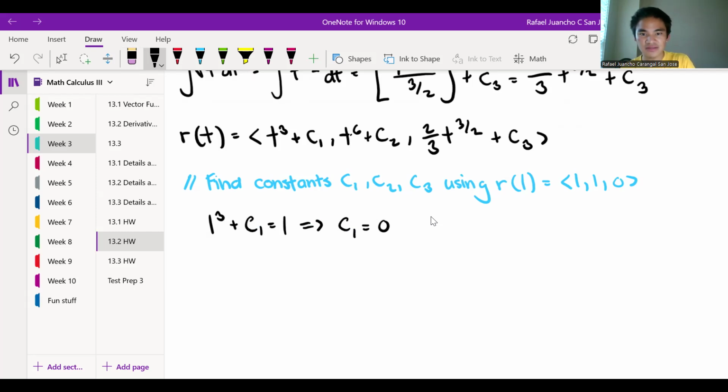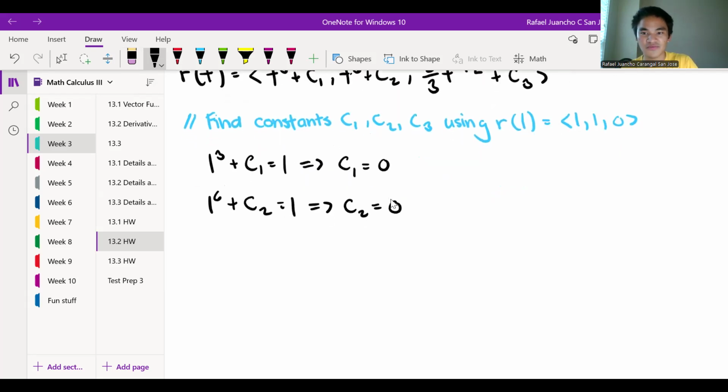Next, we have the y component. So here we plug in the 1 to the 6th power, plus c2. This should be equal to 1 again. And so c2 is again 0. And lastly, we have 0 for our z component.